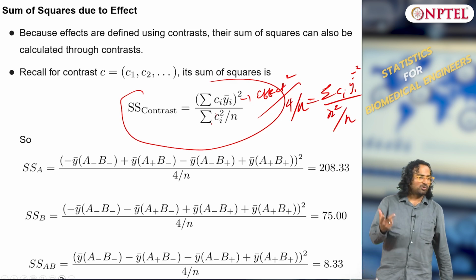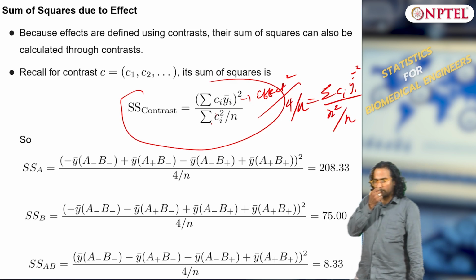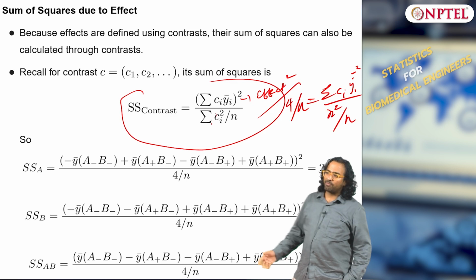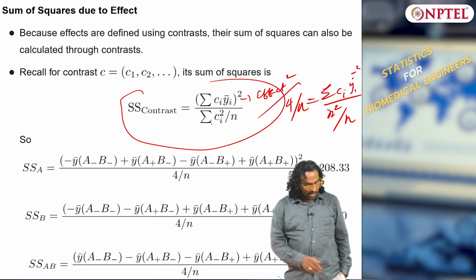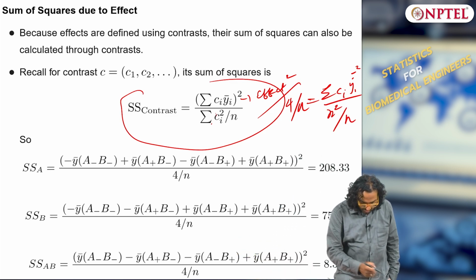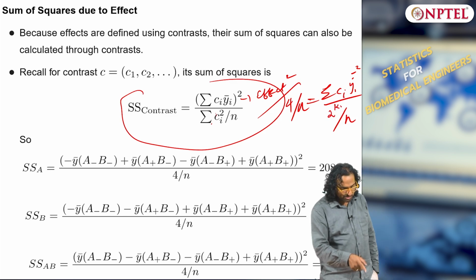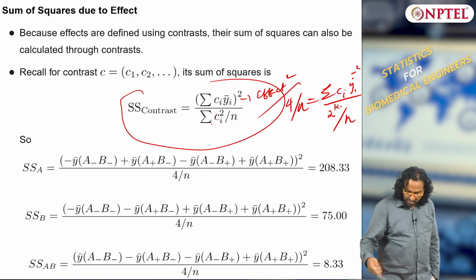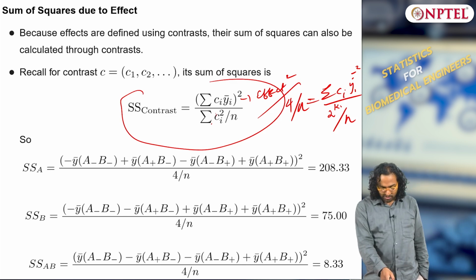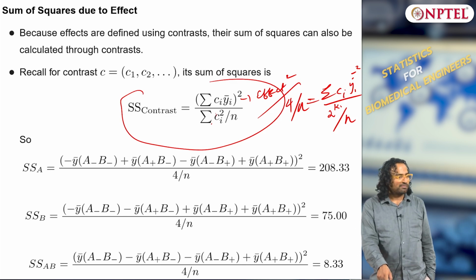K is what? 2 here, yeah, 2 factors, right? K is 2 square by n, or if you want to do it, this is also the same, 2 power k, because this is 2 power 3, this will be 8 and so on. So this is what we have here, this will be same as Ci square by n.